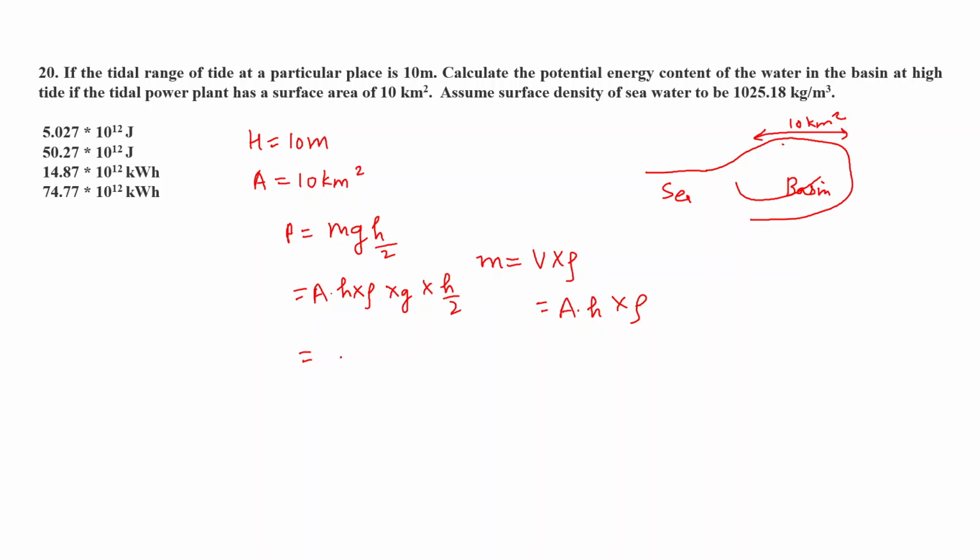Converting it into meter square area, height is 10, density is 1025.18, g is 9.81, into height 10 by 2. The answer will be 5.028 into 10 to the power 12 joule.